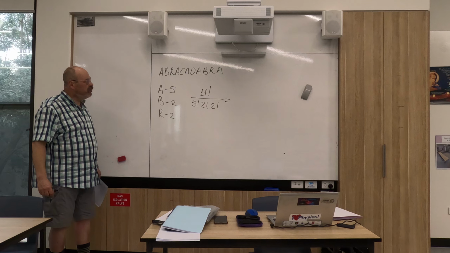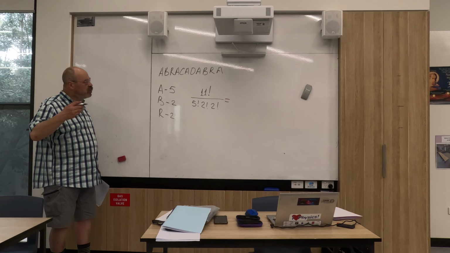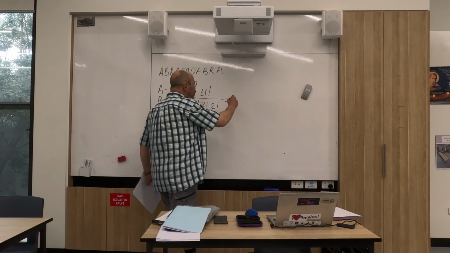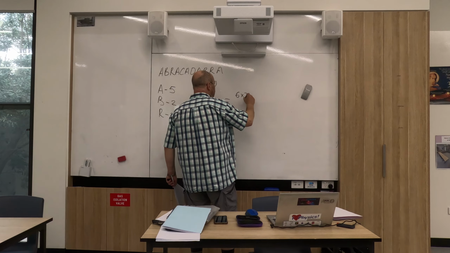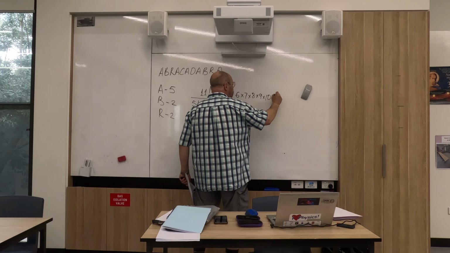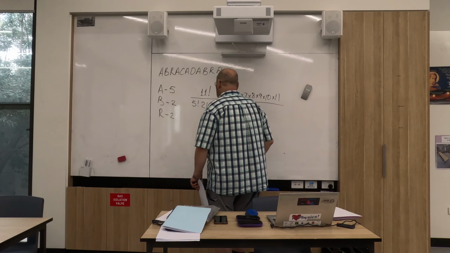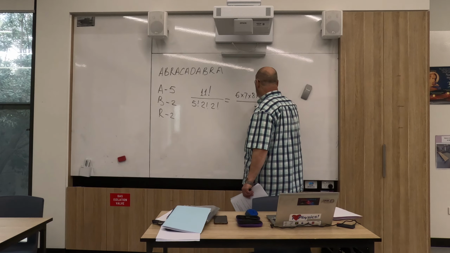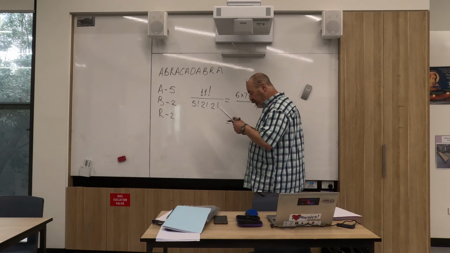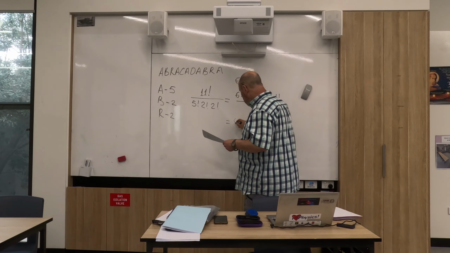So 1 times 2 times 3 times 4 times 5 cancels out. We will have 6 times 7 times 8 times 9 times 10 times 11 divided by 4, which will be equal to 83,160.